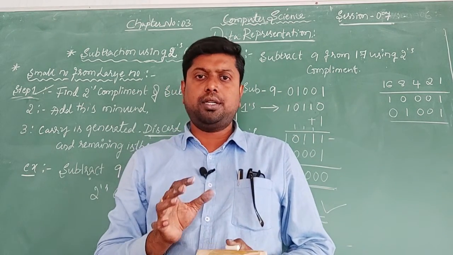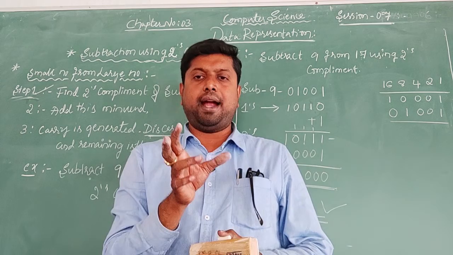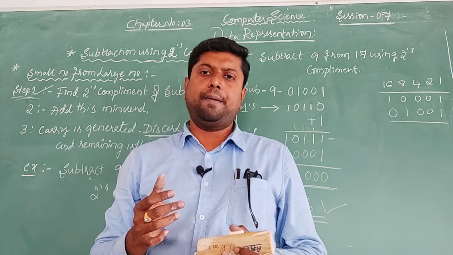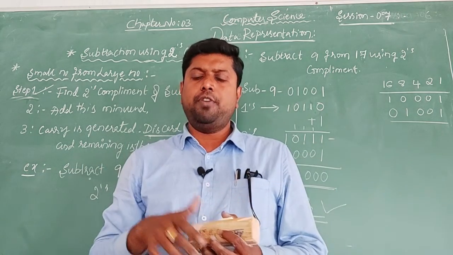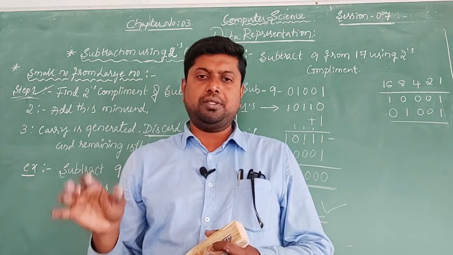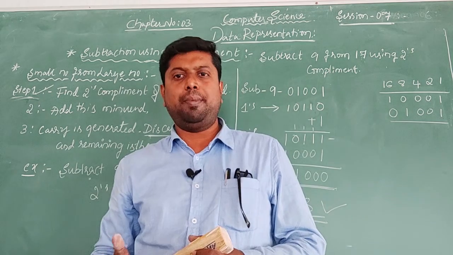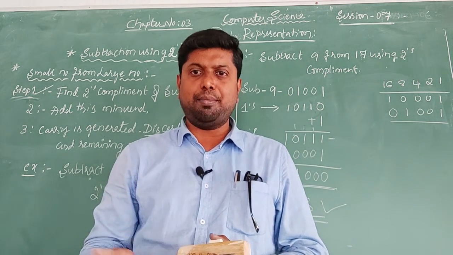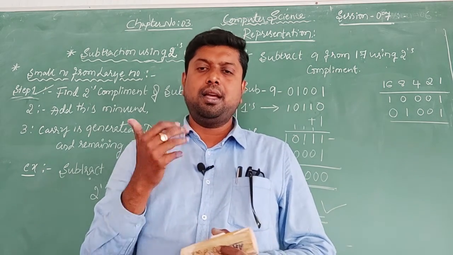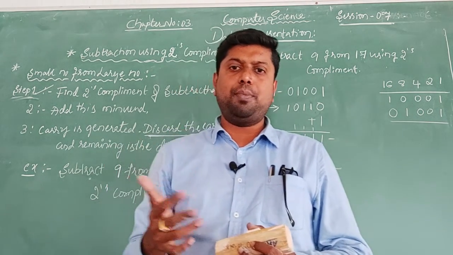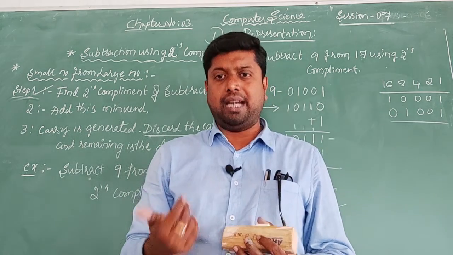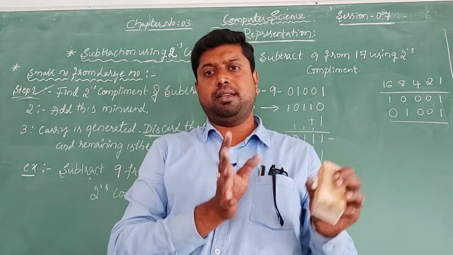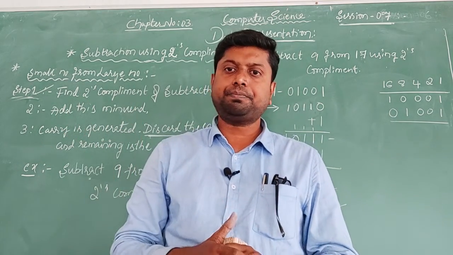So like that we are subtracting each and every number. With this topic, we are concluding subtractions using 1's complement and 2's complement. Use the same methods in your home assignments and practice these types of problems by applying your own binary numbers. Then you will come to know whether it is right or wrong.